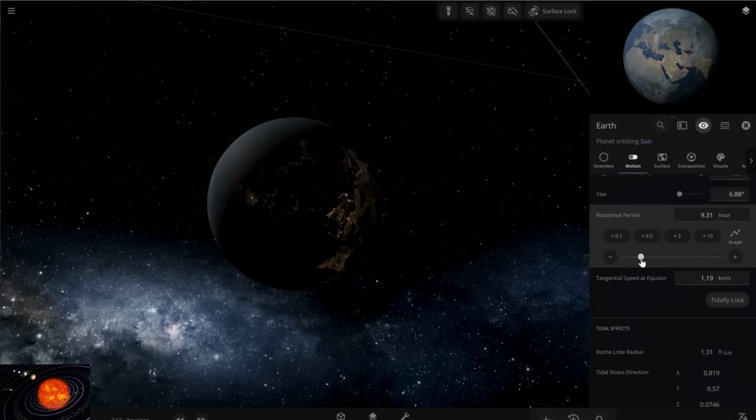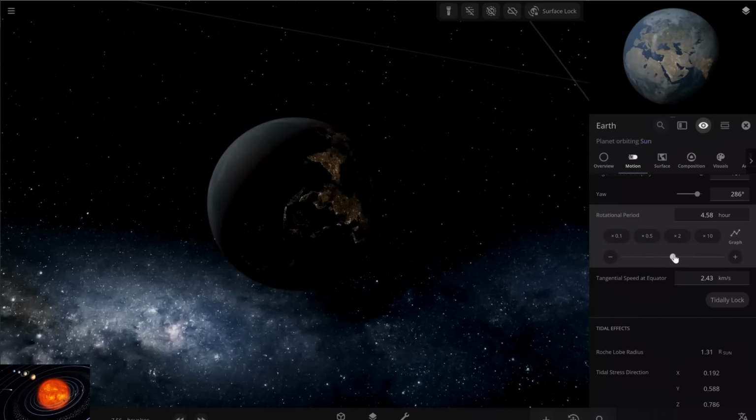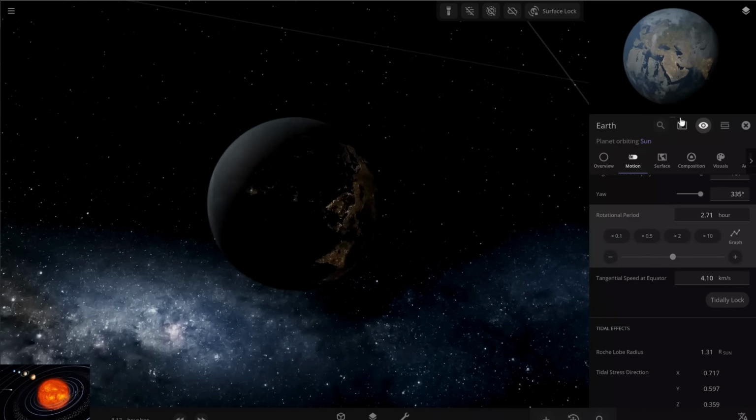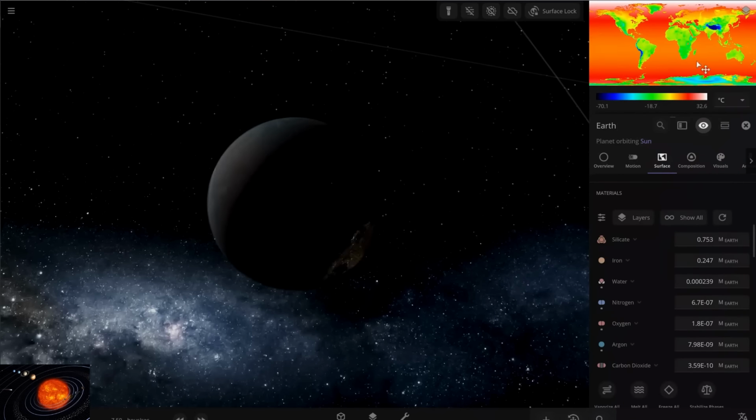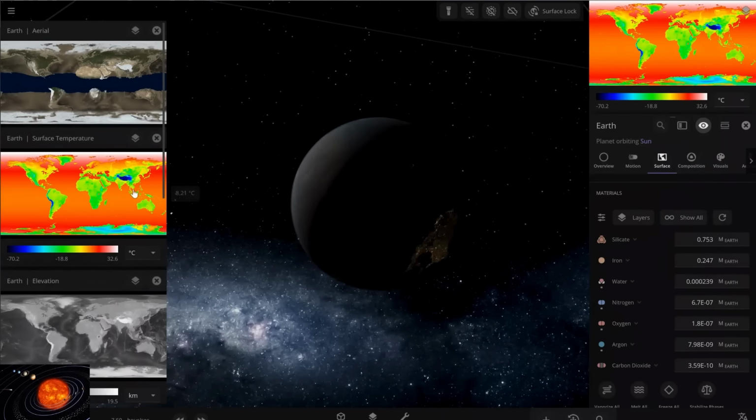So if we decrease it a lot, you can see the Earth is rotating around itself much faster, and there would be some changes in the map again. So for example, if our day and night were 2 hours, what would happen? You can see the whole planet is changed. All the waters are gathering together in the middle of the Earth, and other parts are different also.